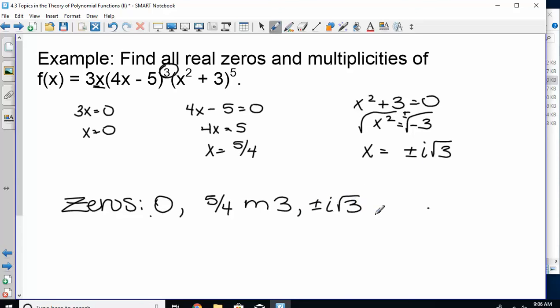Did that have a multiplicity? 5. And you are also welcome to write those separately. You could write i radical 3 multiplicity 5, negative i radical 3 multiplicity 5. And that's also okay. Questions there?